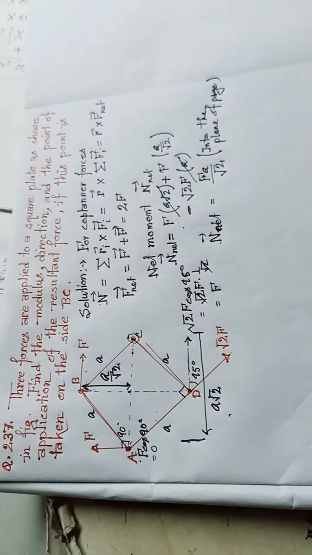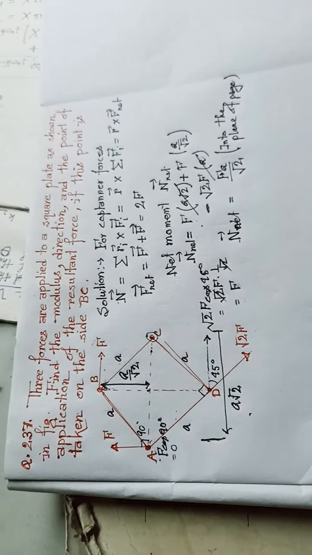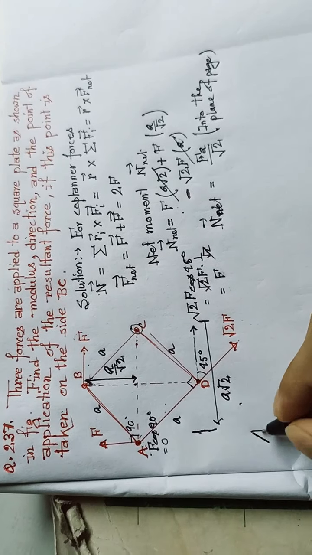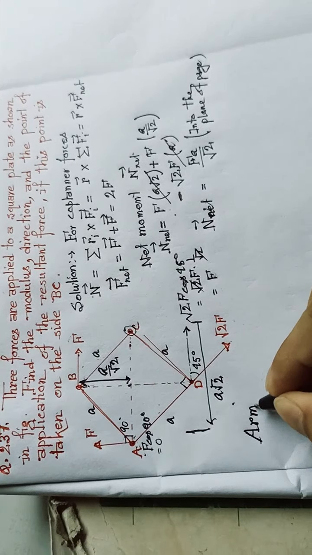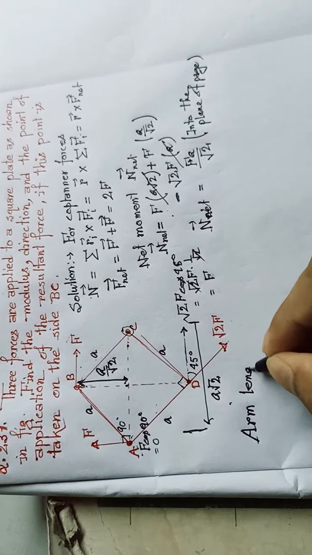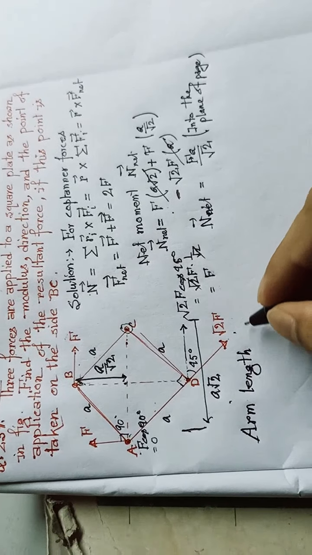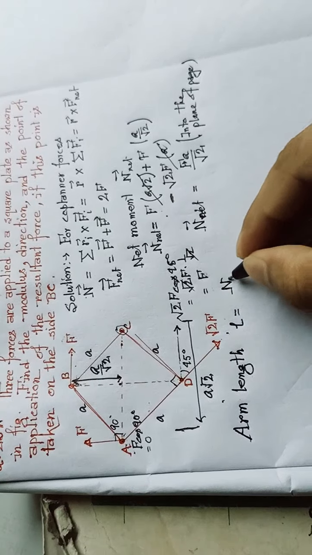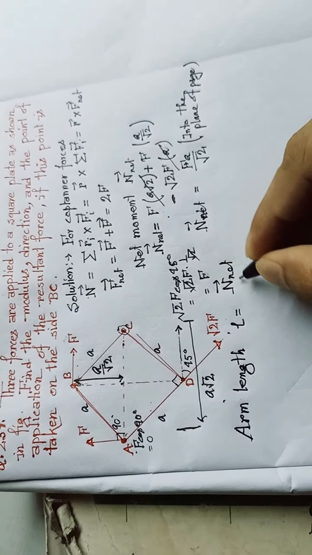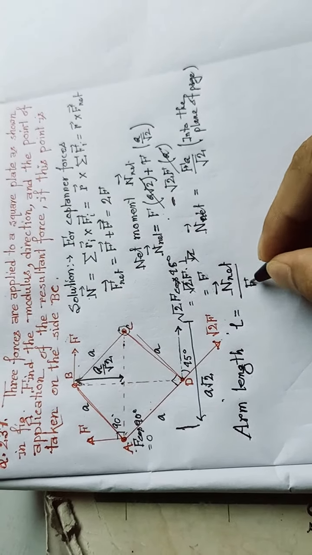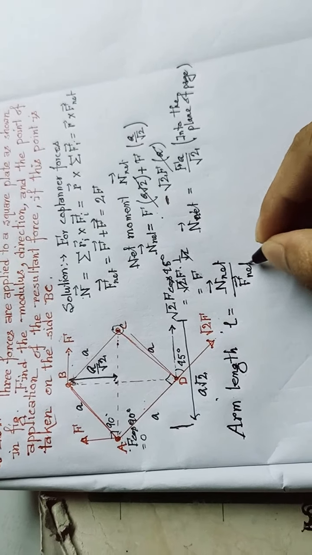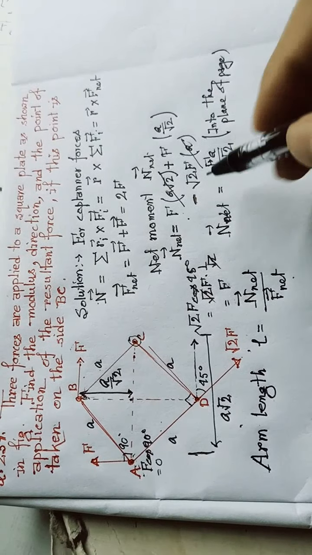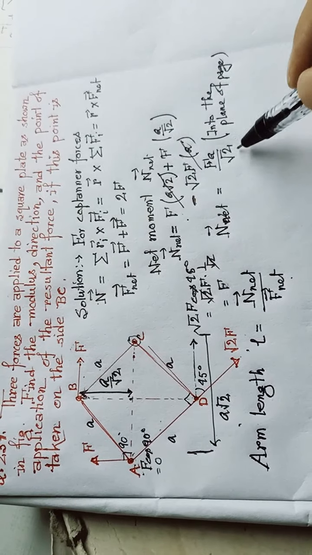Now we have to find the net moment arm. The arm length L is equal to the net moment N net divided by the net force F net, as we are seeing that the net force is equal to 2F and the net moment is equal to FA divided by root 2.